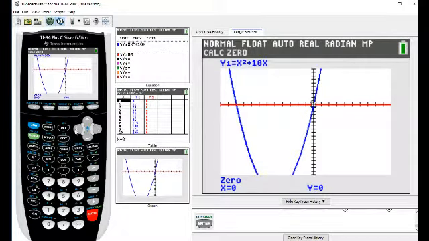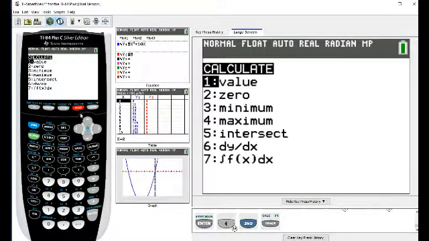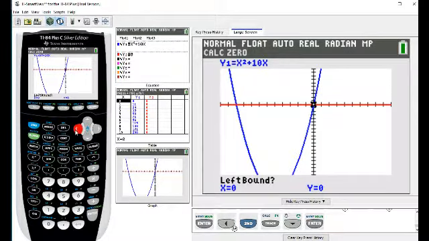For our other 0, let's go back to the calc menu, back to 0, enter. And let's arrow left to the other 0. Okay.